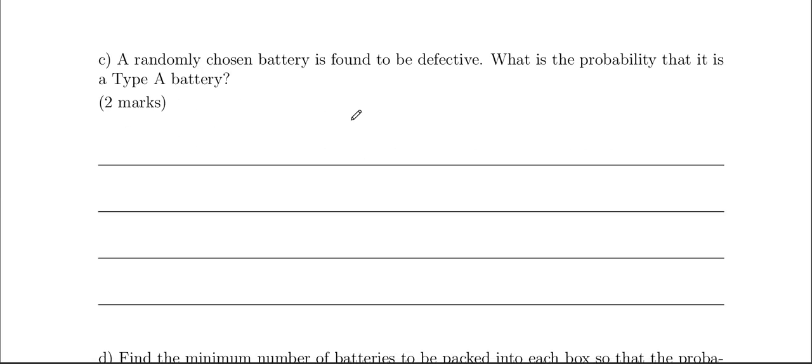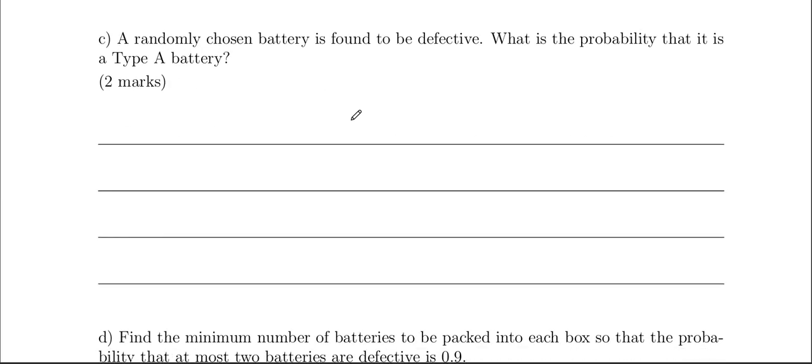There we go. A randomly chosen battery is found to be defective. What is the probability that it is a type A battery? All right, so this is a conditional probability. So probability A given defective is equal to probability A and defective over probability defective.